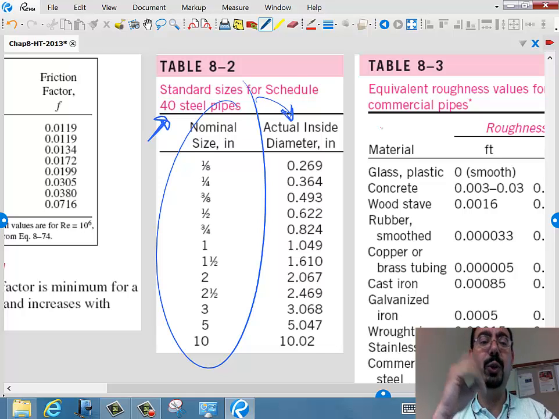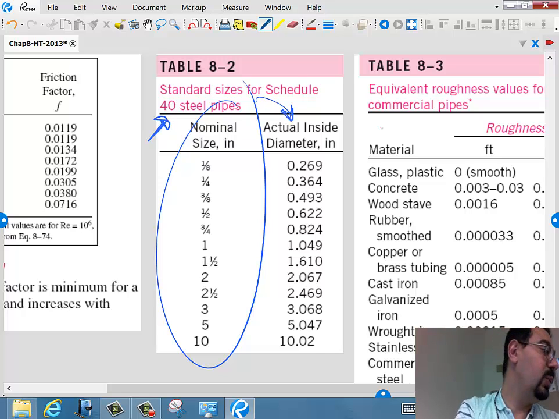To our surprise, when you try to purchase pipes from the catalog and they say the pipe is 1 inch or 10 inch, that 10 inch is not the inside diameter, and it's not the outside diameter either. I don't know what it is, really. So you have to open the catalog to figure out the inside diameter for this 10 inch pipe.